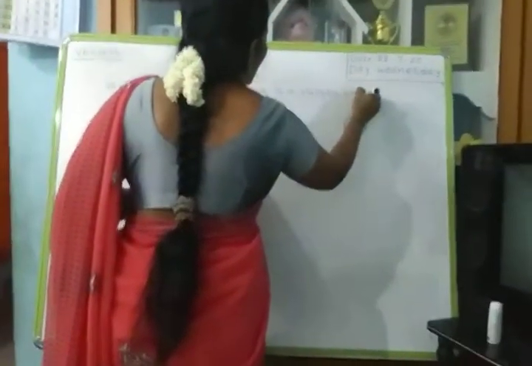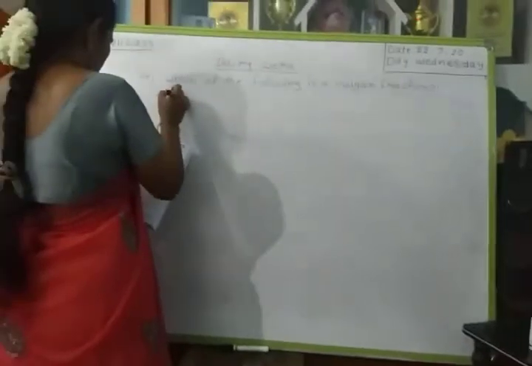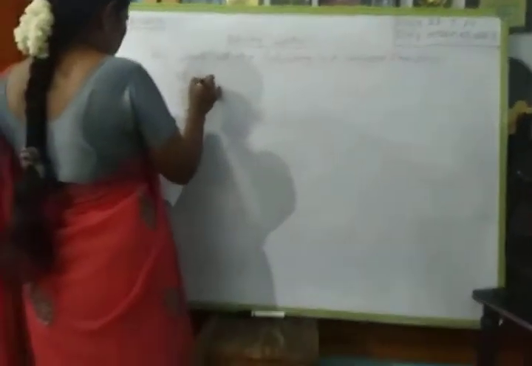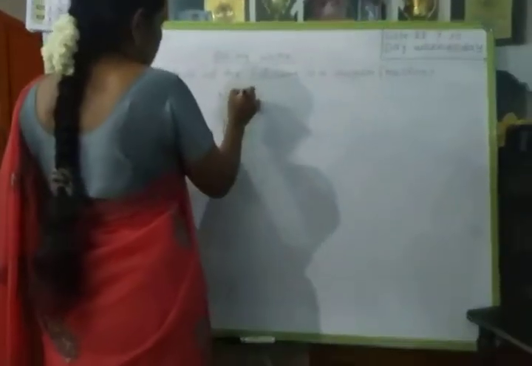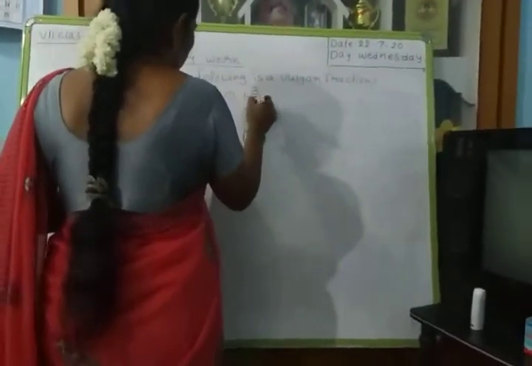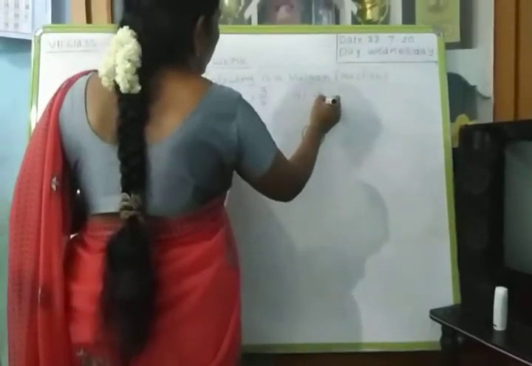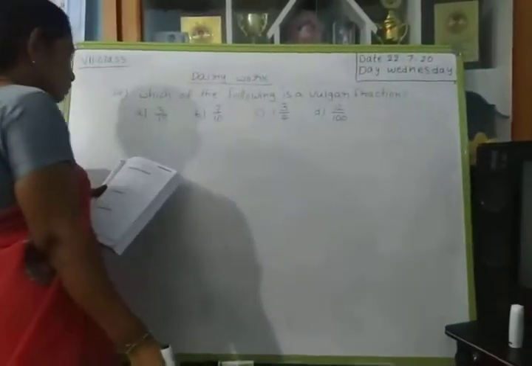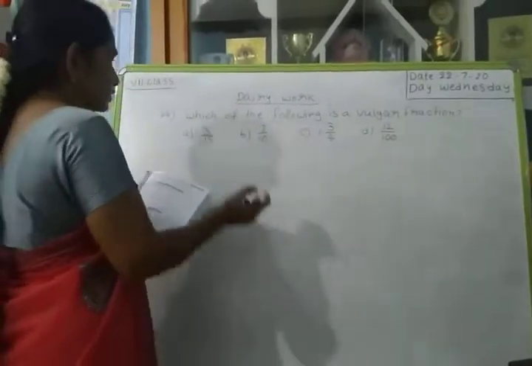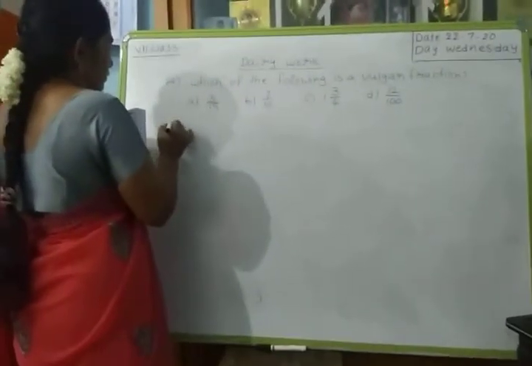Option A 3 by 15, option B 7 by 10, option C 1 3 by 4, option D 12 by 100. These are multiple correct answers, meaning two or more options may be correct.